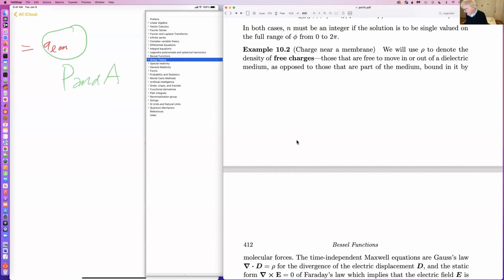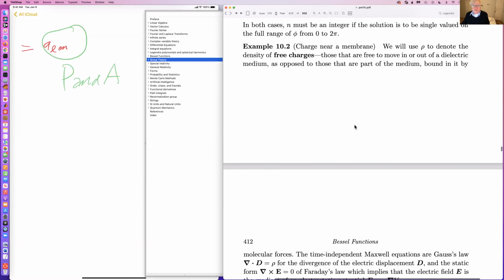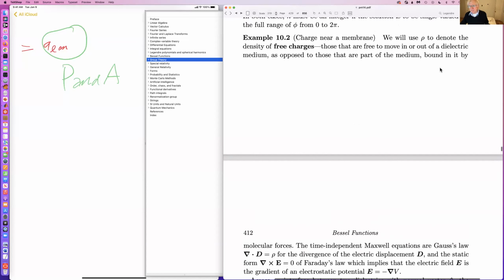Okay. I'm not going to go into it in full detail, but I'll give you the important parts. Suppose rho is the density of free charges, charges that are free to move in and out of a dielectric medium, as opposed to charges that are part of the medium that are bound to it by molecular forces.